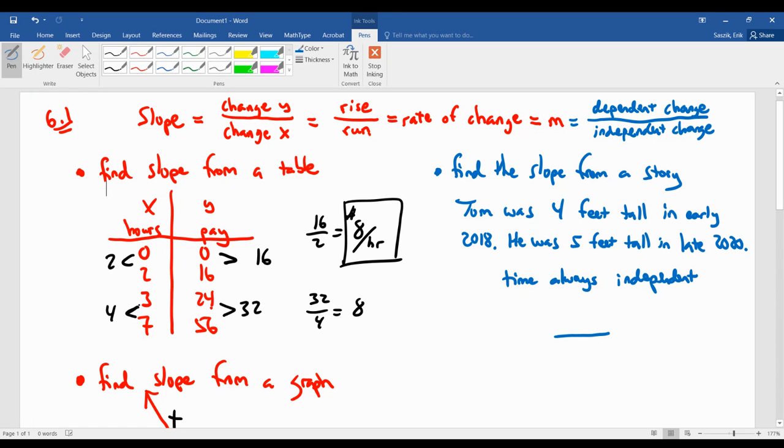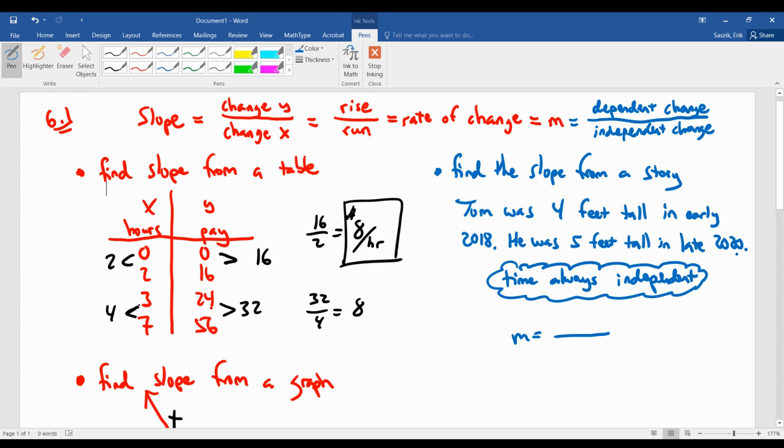So you have to figure out what thing's independent. Well, in this case here, we're talking about two things. We're talking about Tom. Tom's growing, his height is changing over time. Well, time is always independent. You can't stop time. It doesn't stop for anything. And look, if we go from, let's say this was January 1st, New Year's Day 2018, to December 31st, 2020, that's actually 3 years, right?